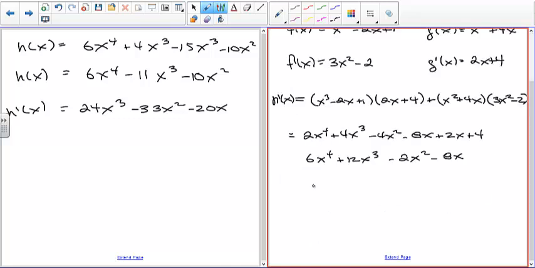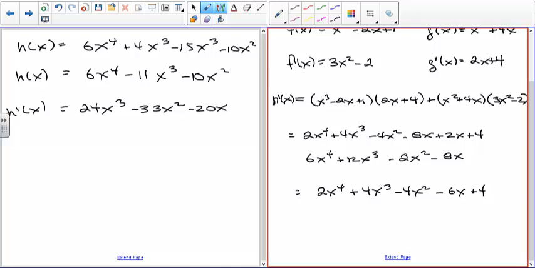Okay, before we add these things together, let's see if there's any terms we can combine, which we can. So we'll have negative 8x plus 2. That'd be negative 6x. I'm just going to double check I did this right. Okay, that looks right.